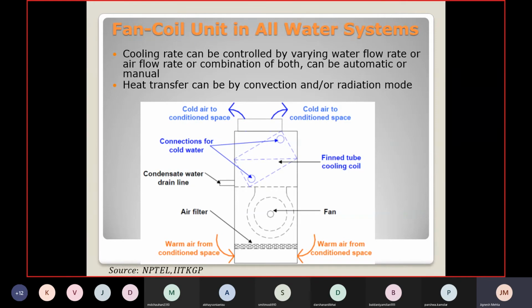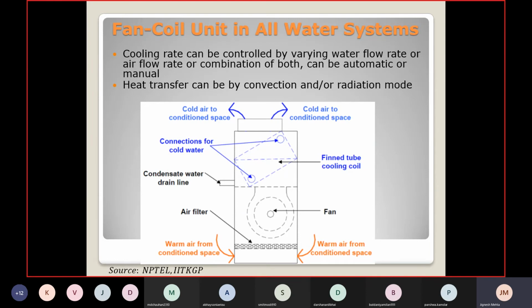One is supply, another is coming out from the coil. The coil, you know, is the heat exchanger, and you will pass air over that. So you can see at the bottom, warm air from the conditioned space is filtered. This is the fan which is sucking that air. It is passed over this coil and then supplied back. This is something like the indoor unit of a split AC.